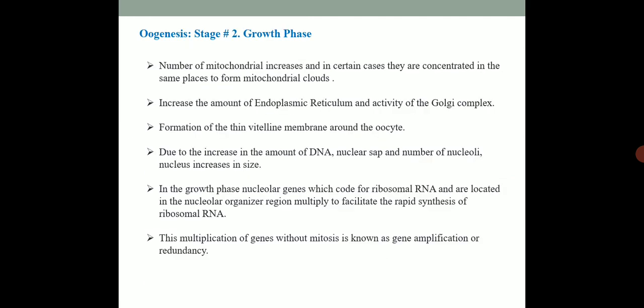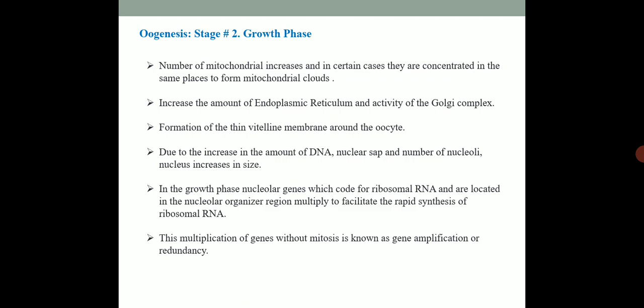The next change is that the number of mitochondria increases in certain cases, and they are concentrated in some places to form mitochondrial clouds. This is the storehouse. There is also an increase of endoplasmic reticulum, and the activity of the Golgi complex also increases.